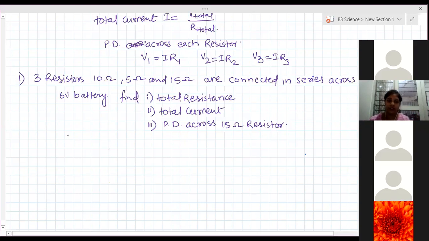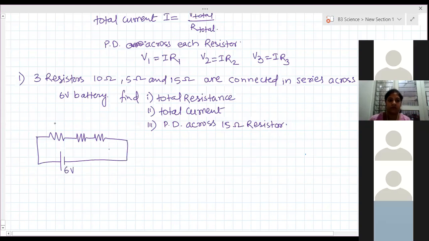So here, first draw the diagram. Ma'am, do we have to draw a diagram in the answer? Yes, you have to draw. Ma'am, only resistance, or do we need to draw a device like bulb or something? No, only symbols.